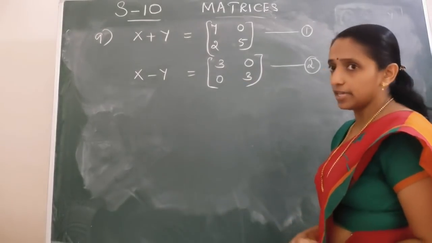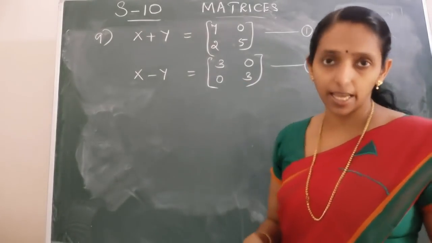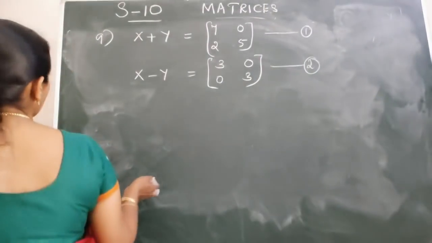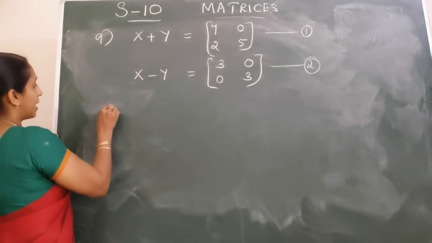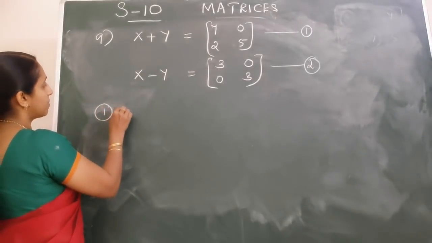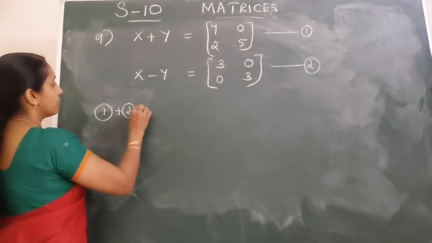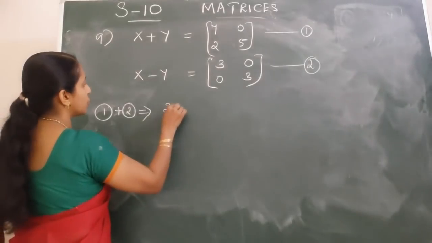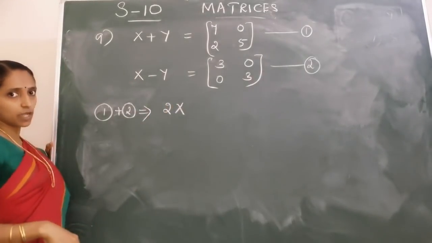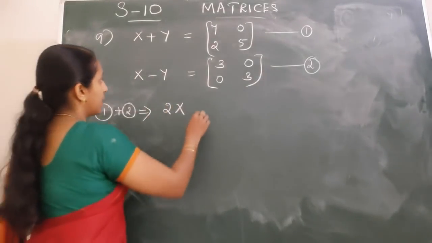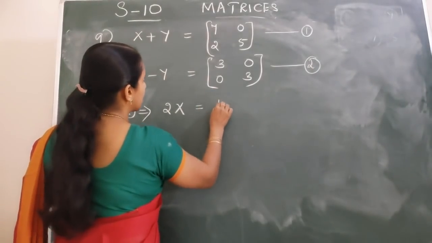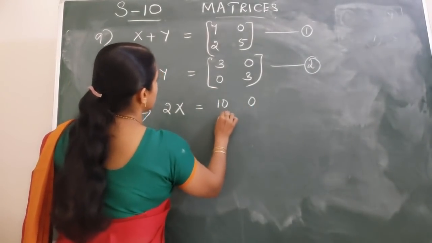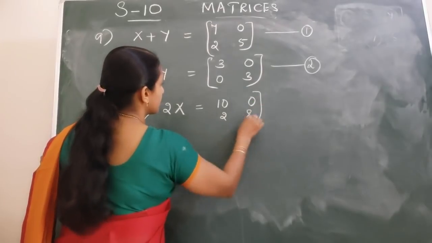If you are adding both, Y will cancel. So you can use any of the one. So if you are adding 1 plus 2, you will get LHS side 2X, minus Y plus Y will cancel, and 2X you are getting [10, 0; 2, 8].